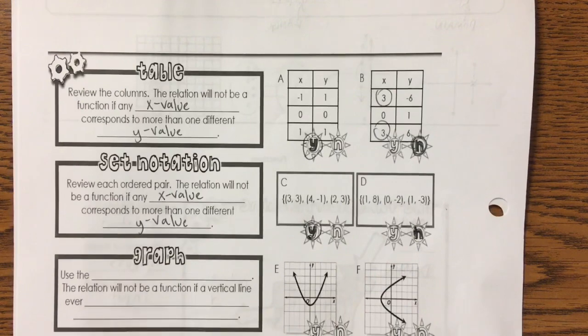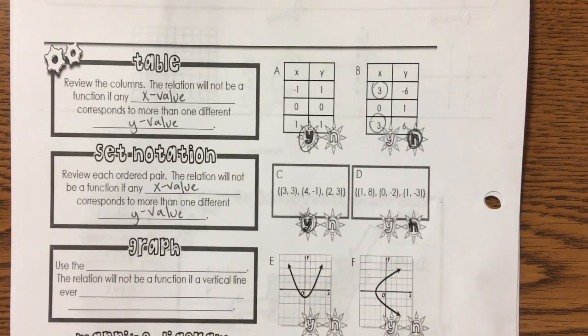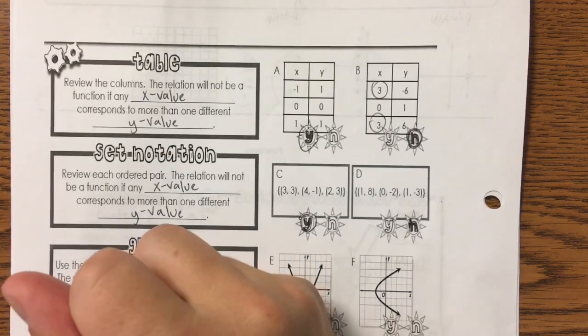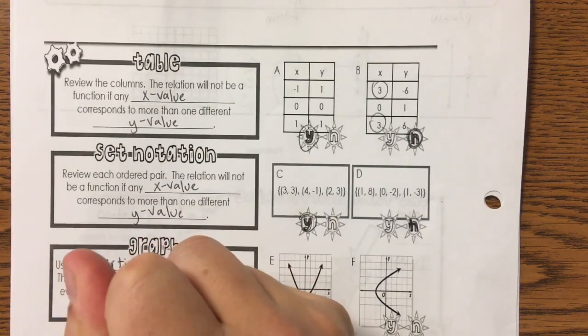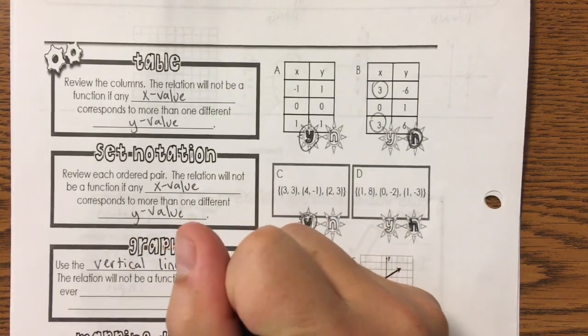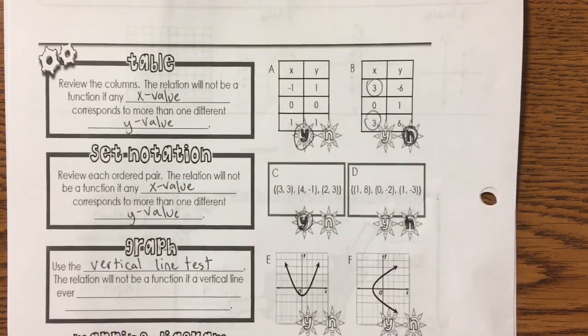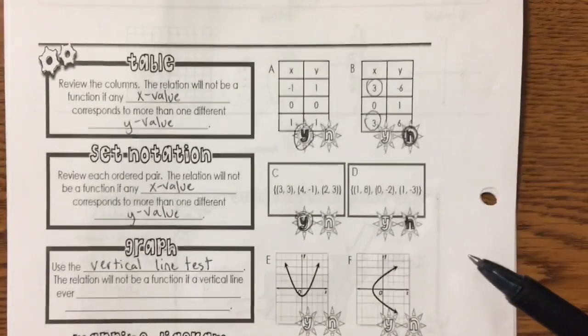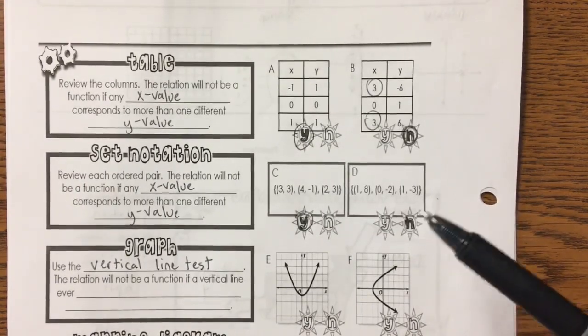Now, when you're looking at a graph, we talked about this already at the beginning, but we are going to use something called the vertical line test. What the vertical line test does is test whether or not your relation is a function. It basically goes like this.